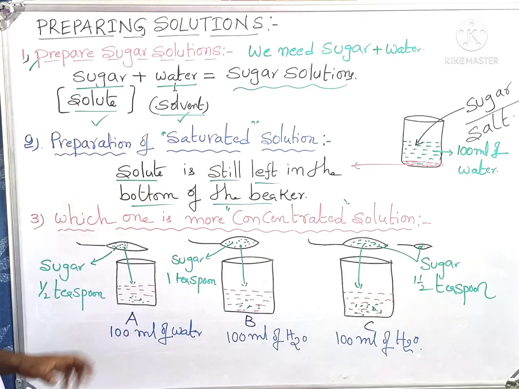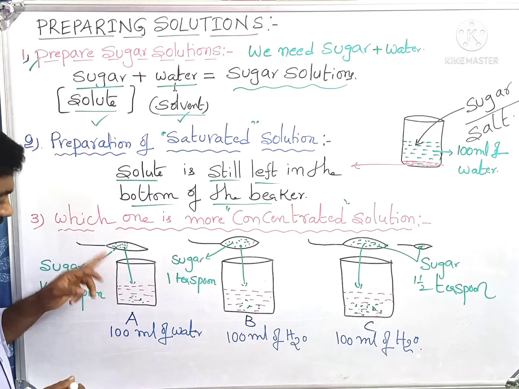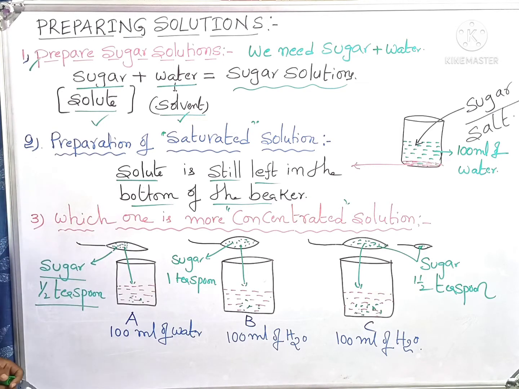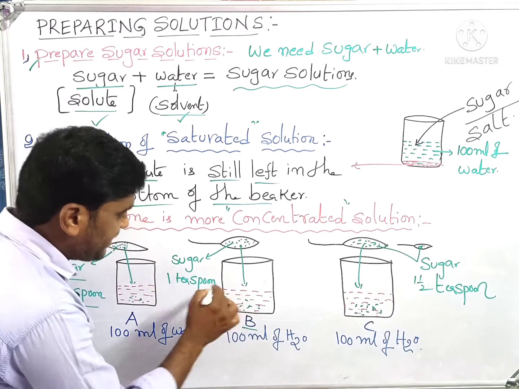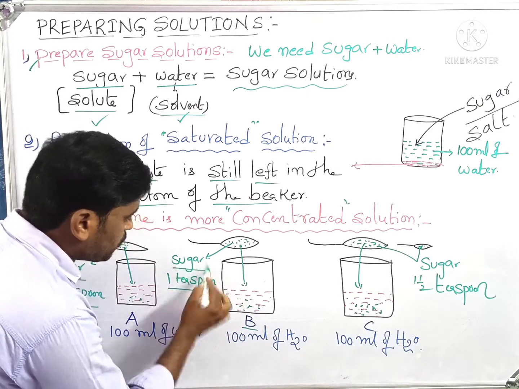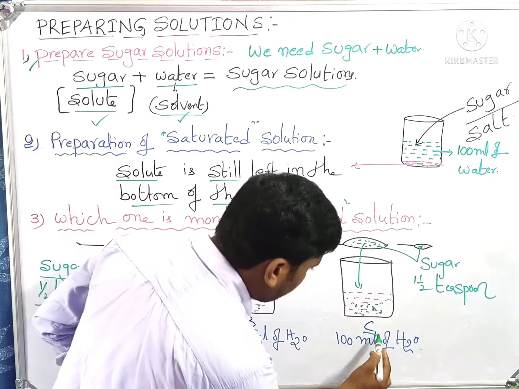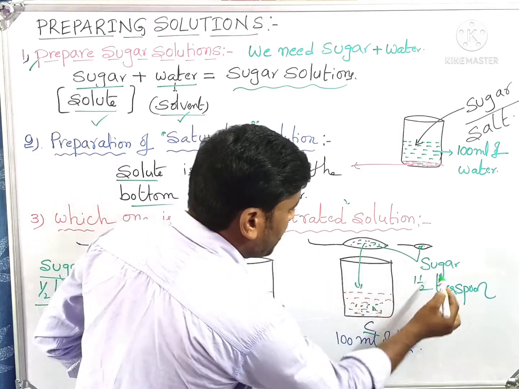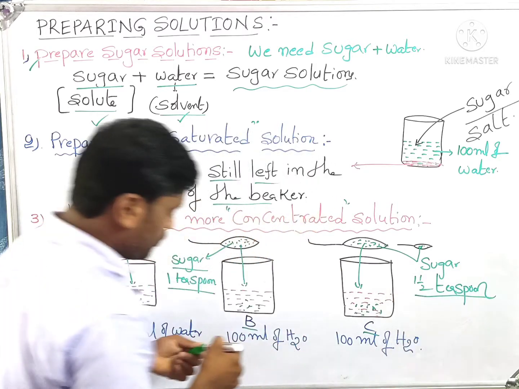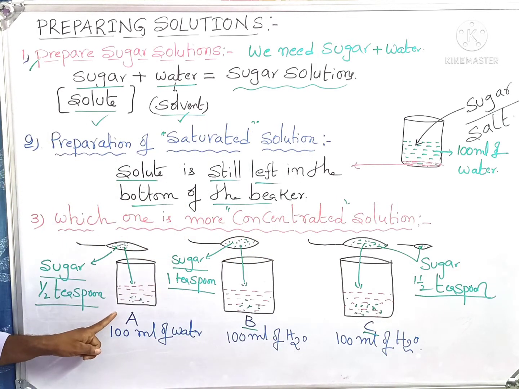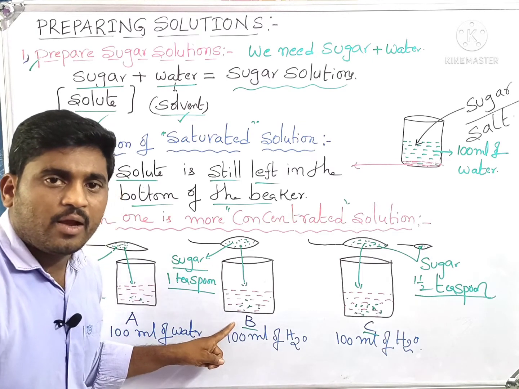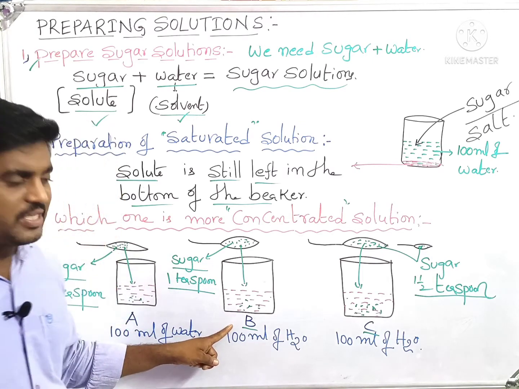So here inside beaker A I take half teaspoon sugar. Beaker B I take 1 teaspoon sugar, and beaker C I take 1.5 teaspoon sugar. So in the first beaker half teaspoon sugar is present. In the second beaker 1 teaspoon sugar is present.